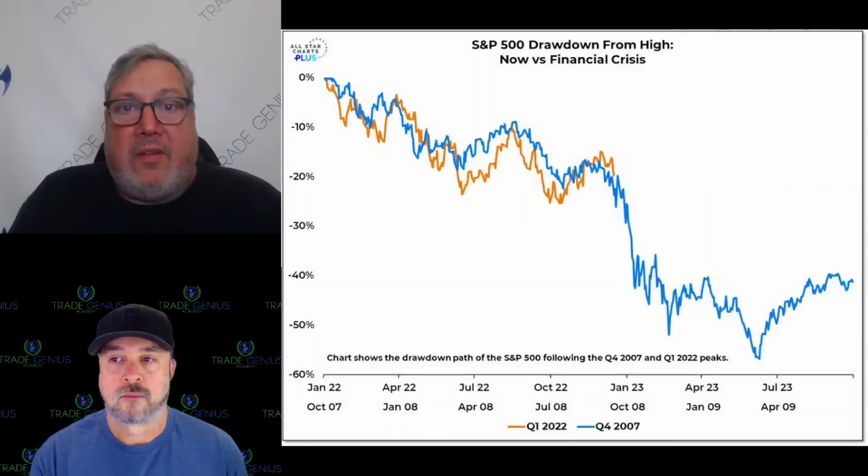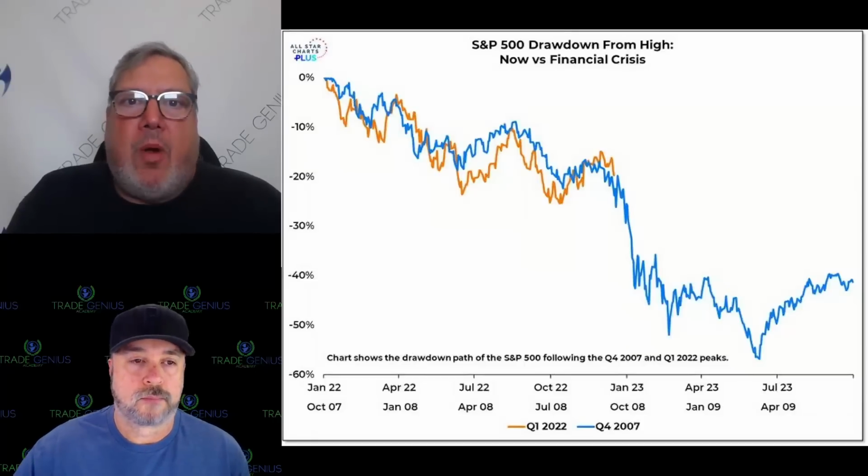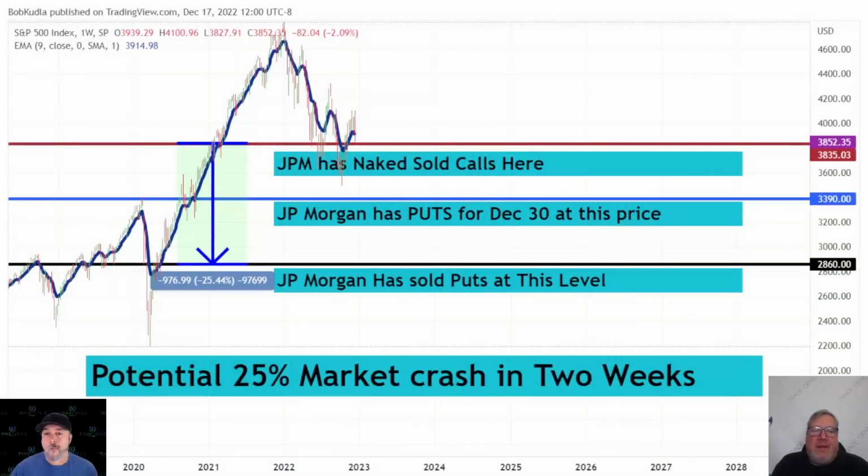And I just want to point out that people with more money than you and I who are doing derivatives could drive the market in the direction they want to go. In October, they got what they wanted. And in December, they're likely to get paid again. So stay tuned. And 3,400 from 3,800 is not a big move down.